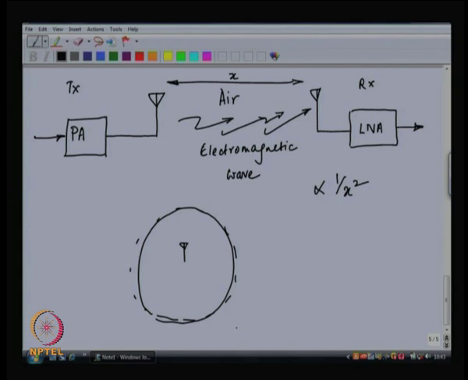In that case, all the power that has been transmitted by the transmit antenna is received by the receive antenna. It has nowhere else to go, does it? Mostly it has nowhere else to go.